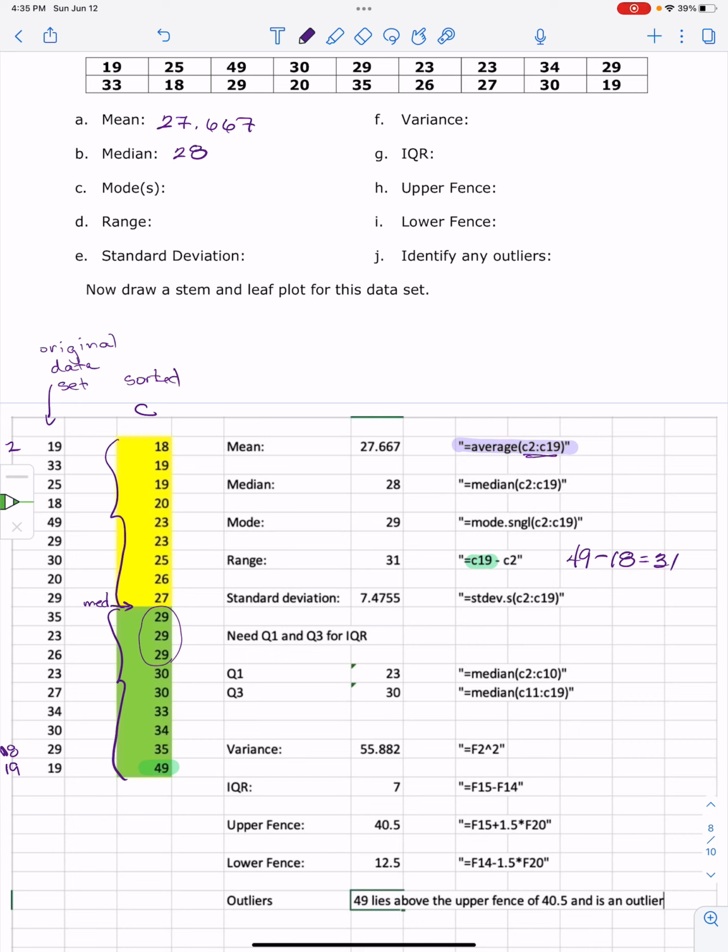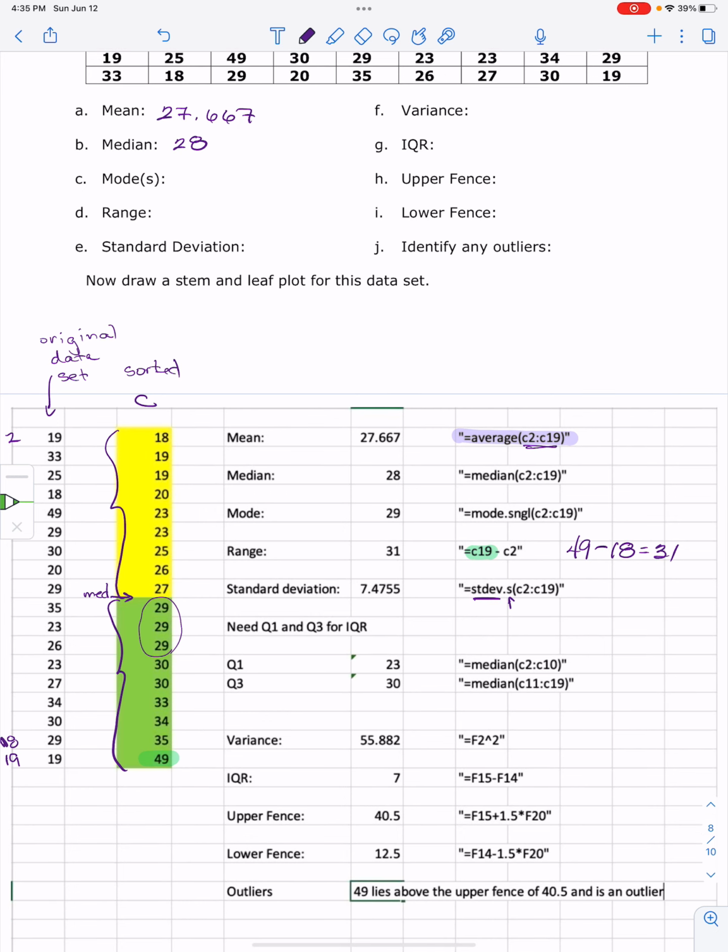Standard deviation, and this was mentioned so very briefly, I am not sure if we even used Excel to do this. You are going to start typing in standard deviation, STDEV. The .S gives us the standard deviation for a sample, which is calculated differently than if it is an entire population. We typically will use this STDEV.S.